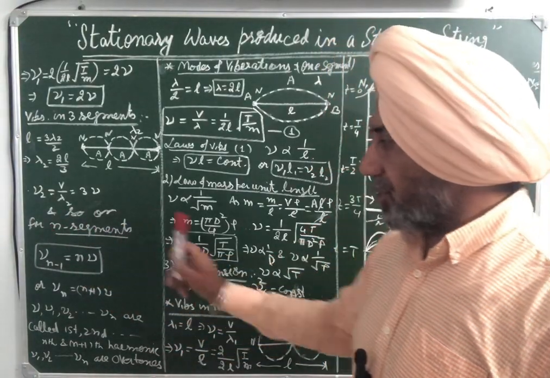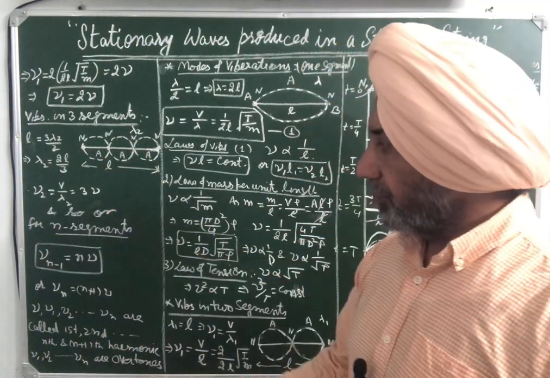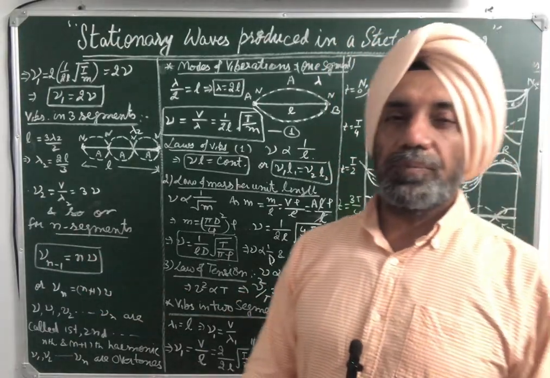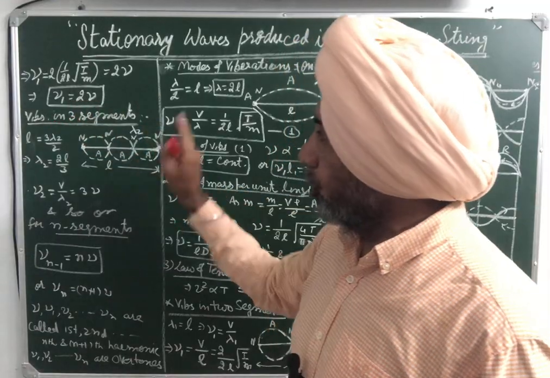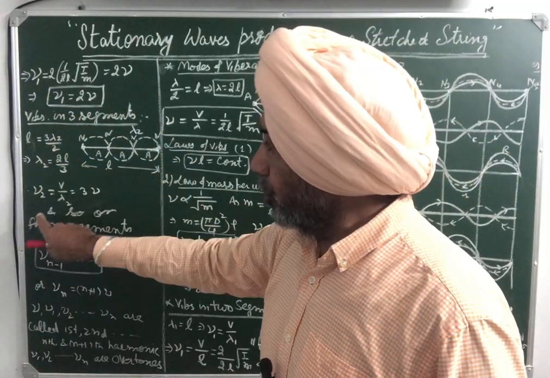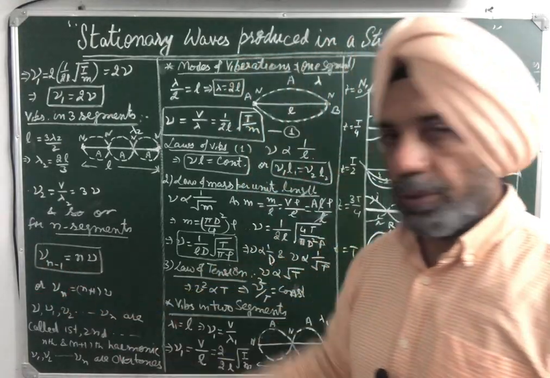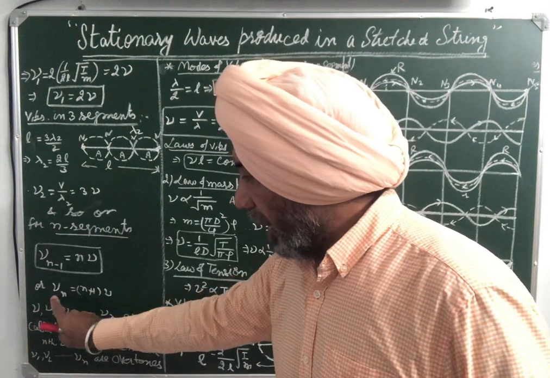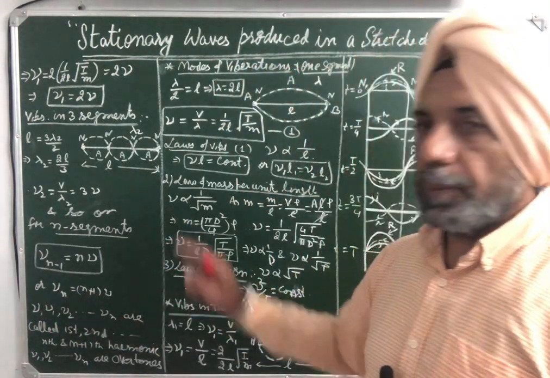For 2 segments we have nu 1 equal to 2 nu, for 3 segments nu 2 is equal to 3 nu, and for n segments nu n minus 1 is equal to n nu, or for n plus 1 segments we can have nu n equal to n plus 1 into nu.